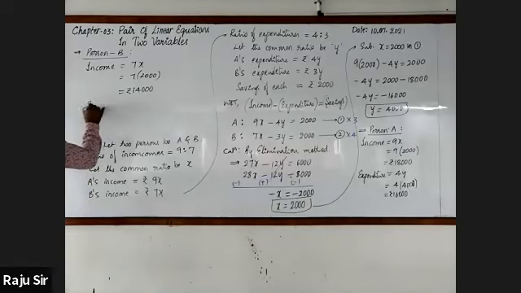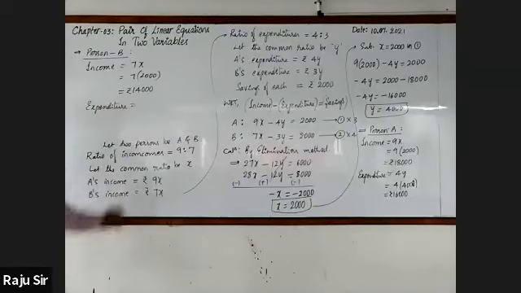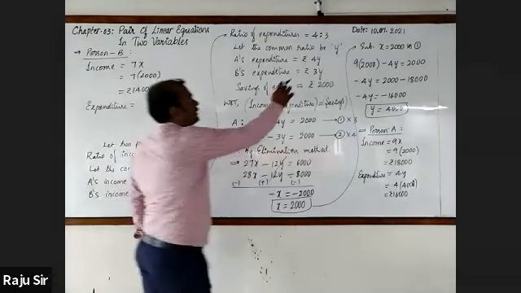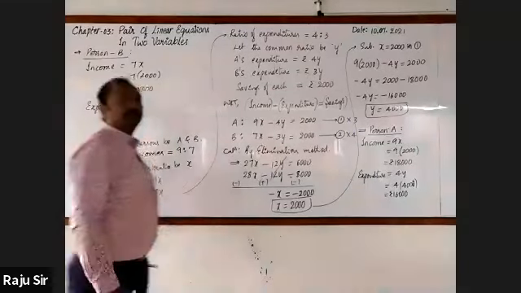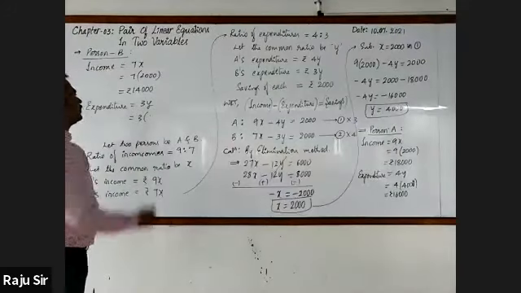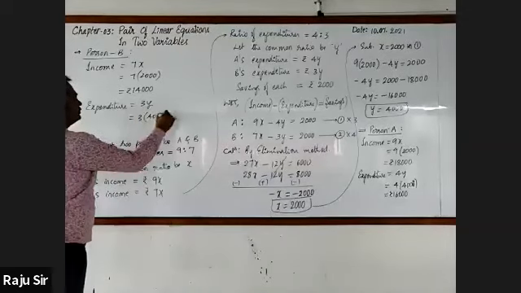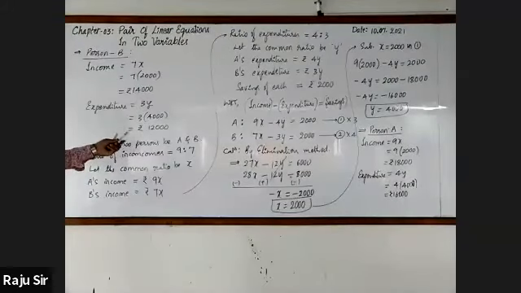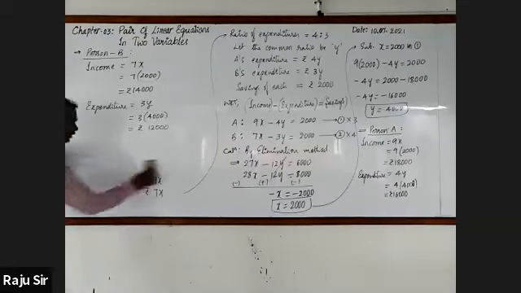And his expenditure is 3y. 3 into y, which is 4,000, is 12,000 rupees. Income is 14,000, expenditure is 12,000. Therefore, his savings will also be 2,000.